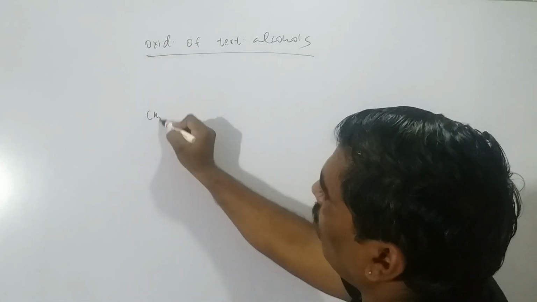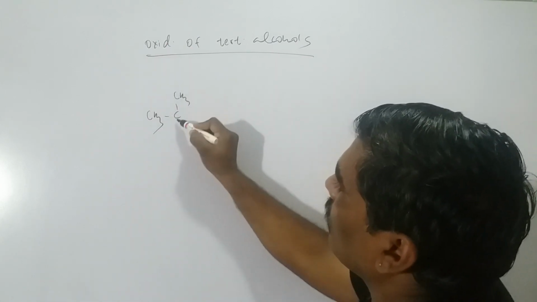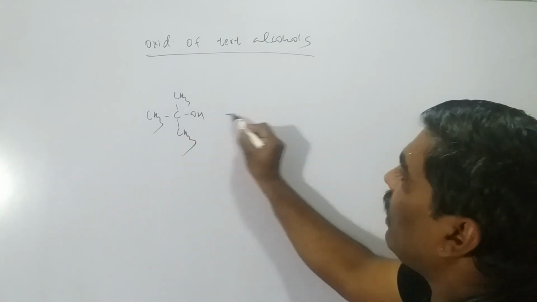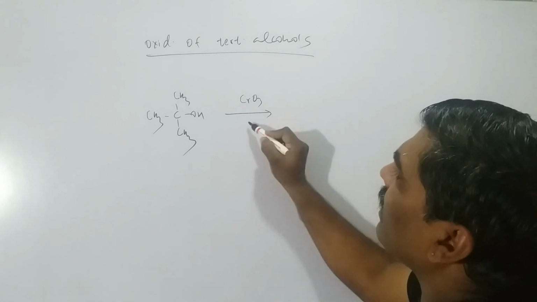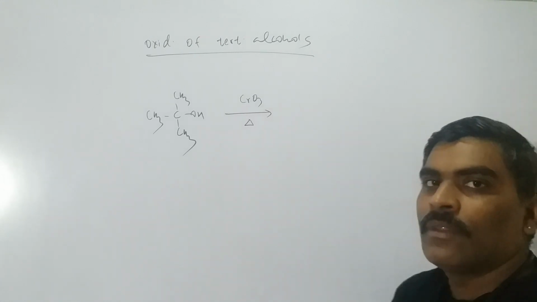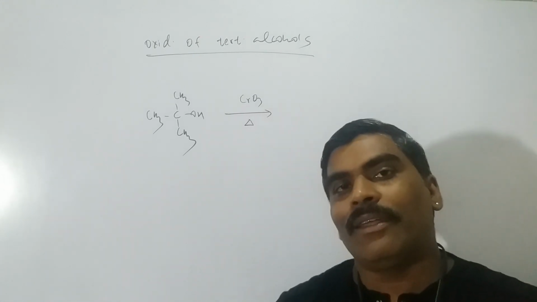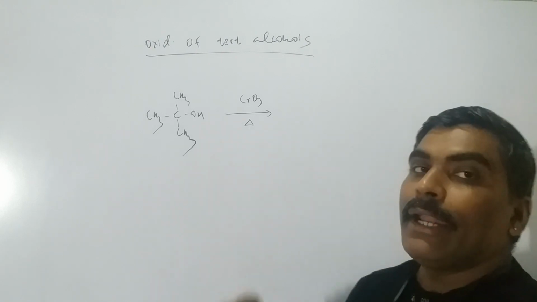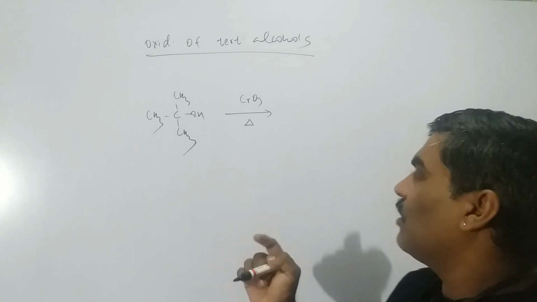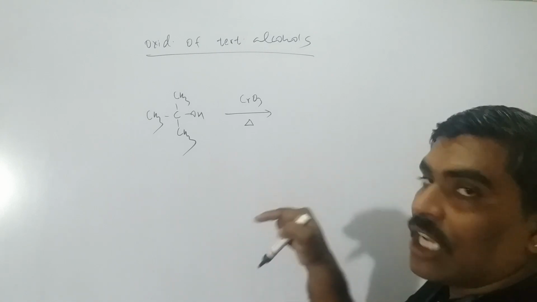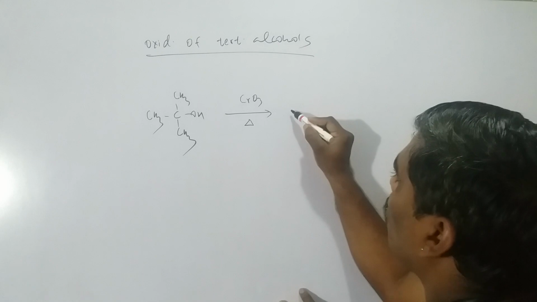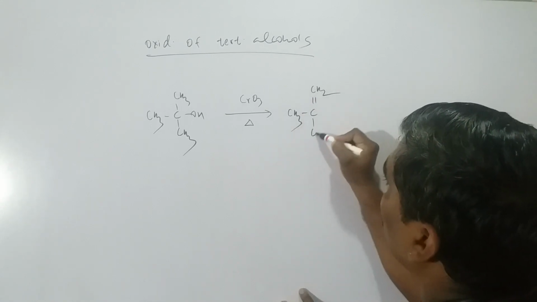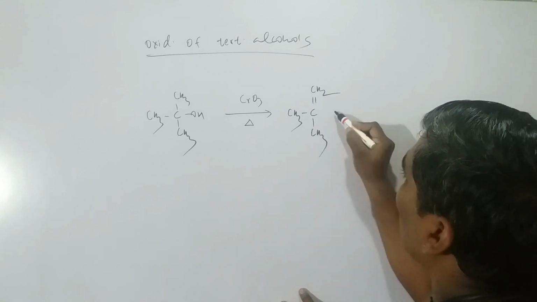Tertiary alcohol, for example, is tertiary butyl alcohol. When this is heated with CrO3, what happens? Again, a dehydration reaction. The problem is that alpha hydrogen is absent, and because of that, hydrogen comes out from the beta carbon. So we get alkene, which is isobutylene.